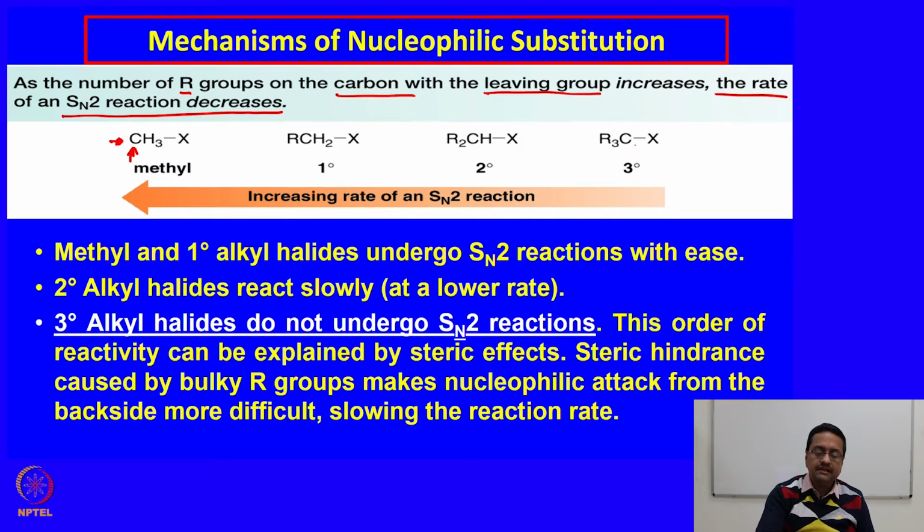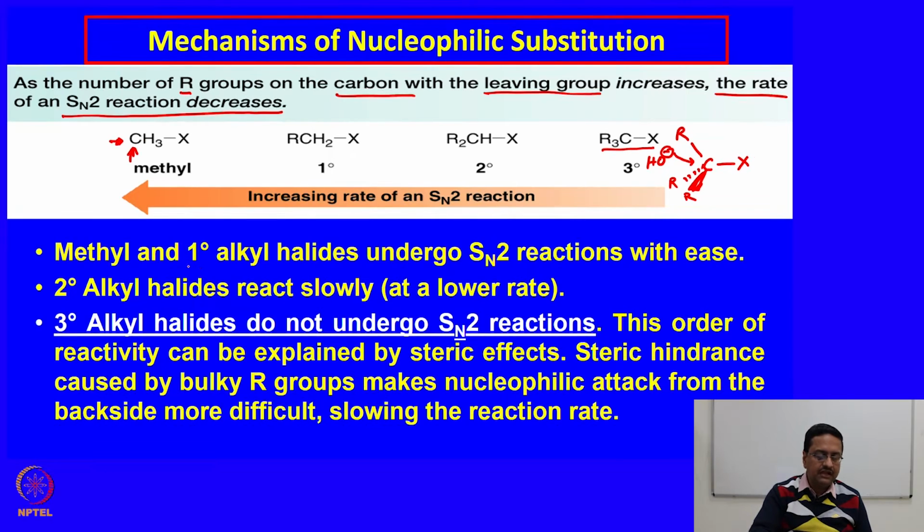So, in the case of a 3 degree alkyl halide, any nucleophile coming from the back side will have steric hindrance, and therefore this group will have less propensity for SN2 reaction, whereas this methyl halide will have a better propensity for SN2 reaction.